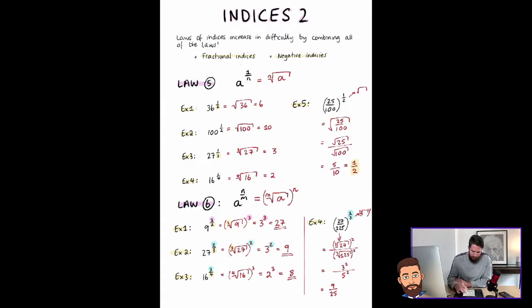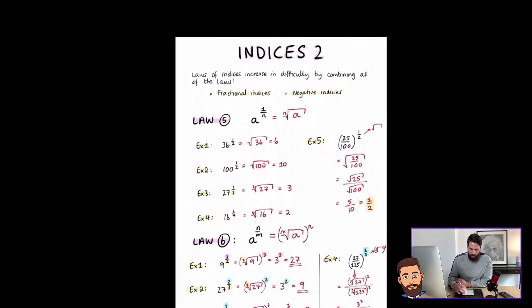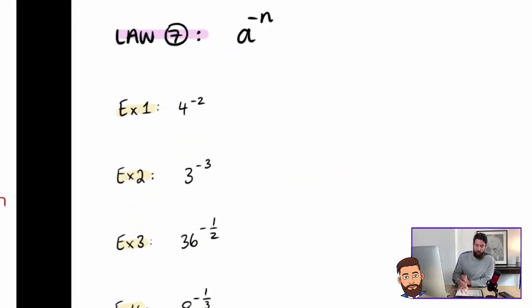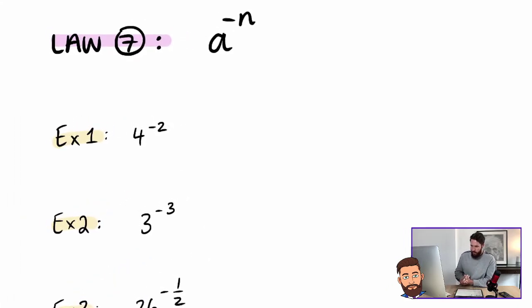What we're going to move on to now is, as it says here in our second bullet point, negative indices. And we're going to see how they can be combined with the fractional indices as well. So we've called this law 7. It says if you've got a base of a and you're raising it to the power of a minus number, we say that this is equal to 1 over the original base raised to the original power.